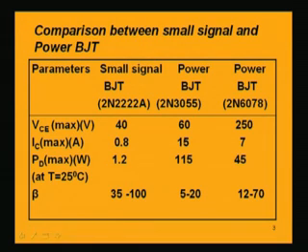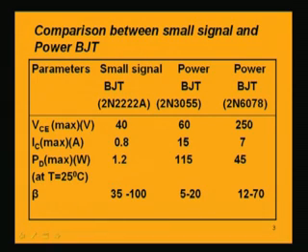As shown in this table, for the small signal BJT the maximum VCE is 40 volt, whereas in the power BJT 3055 the maximum voltage is 60 volt, and the other type, 6078, can handle up to 250 volt.